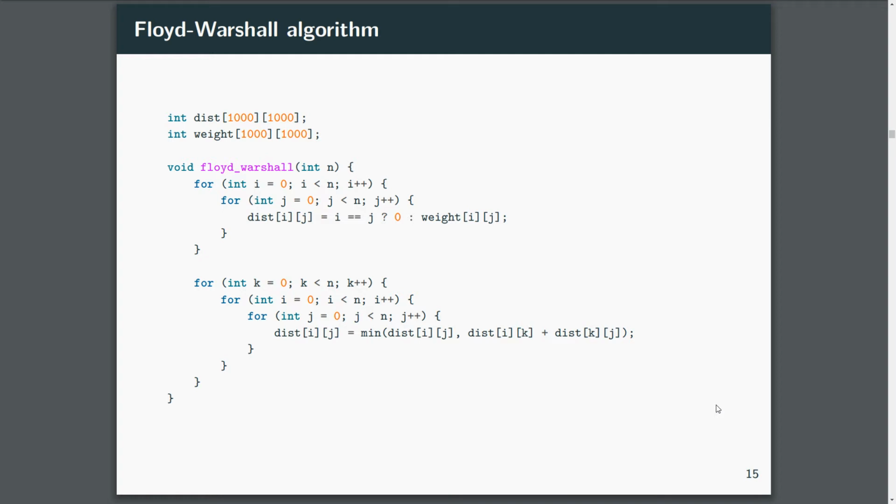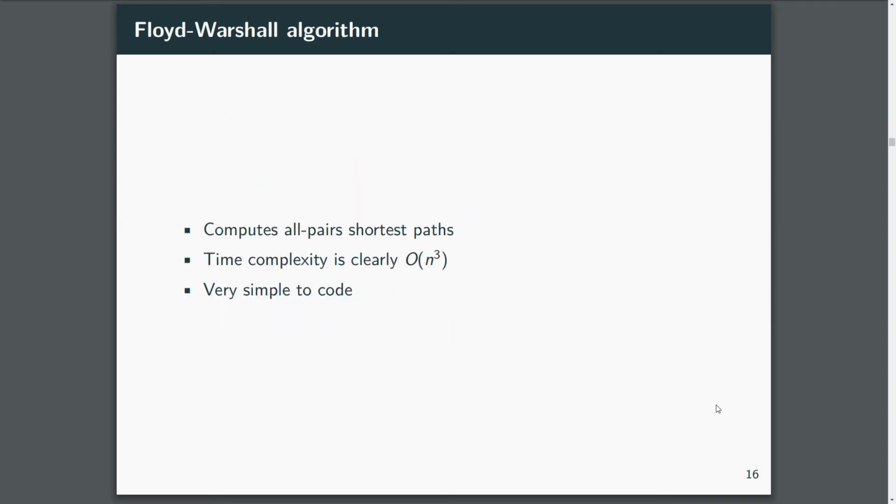So this is just going to be 2 nested for loops for initialization, and then 3 nested for loops for the calculation itself. And this will give you, so the advantage of this is that it gives you all pairs shortest paths.